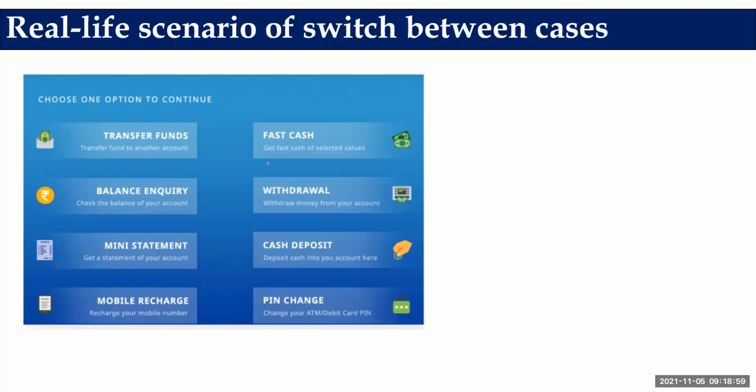Okay, so here you can see I have taken an example of an ATM screen. Normally, on a daily basis, we visit ATM machines for many purposes. Here are a few options I have provided for transferring funds from one account to another.